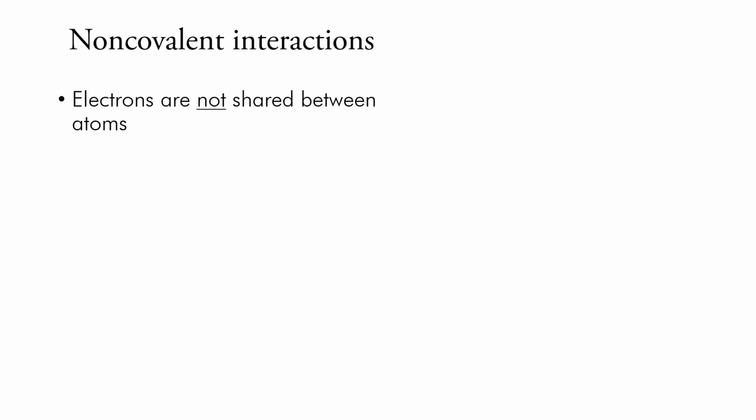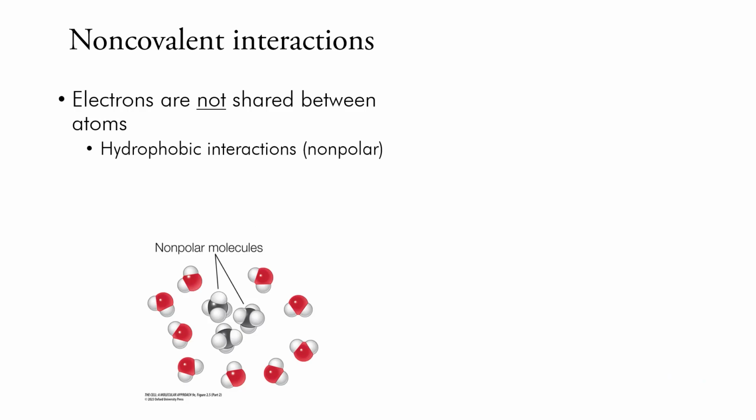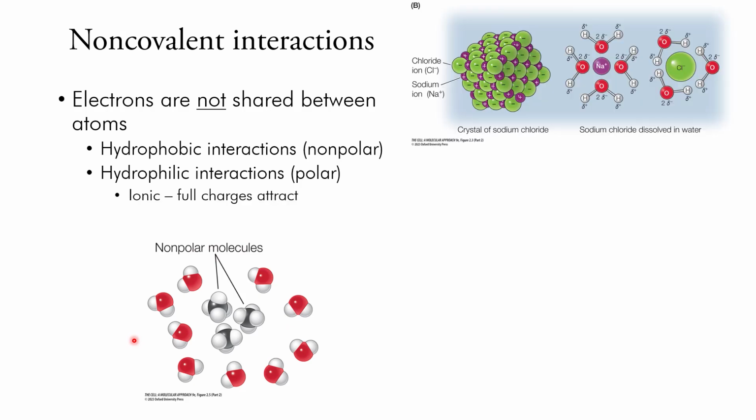Okay, we've got our non-covalent interactions. Again, here electrons are not shared. So you could have something like a hydrophobic interaction, right? Here in the center, these 3 molecules are nonpolar. They want to interact with each other. They don't want to interact with these polar water molecules. You could also have hydrophilic interactions, right? In an ionic bond, you have those full charges attracting.